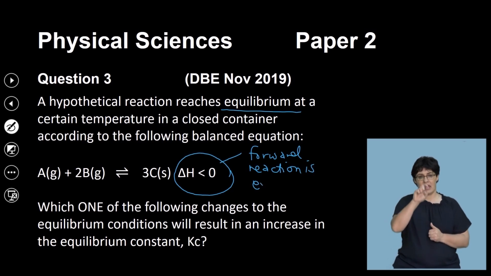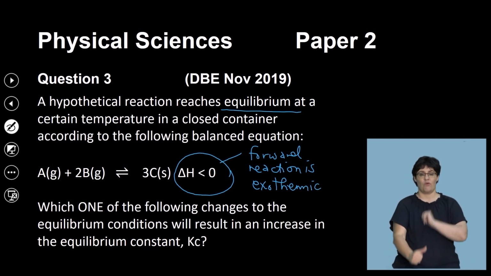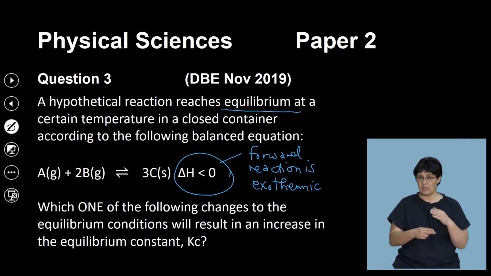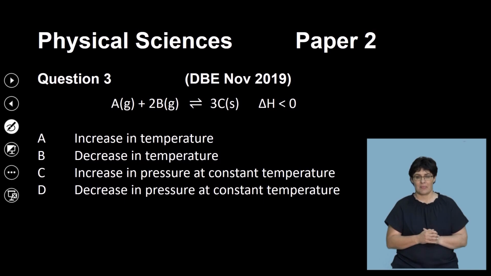Now, we can immediately deduce that the opposite is true for the reverse reaction. So which one of the following changes to the equilibrium conditions will result in an increase in the equilibrium constant? It's a brilliant question. There are four options given there.